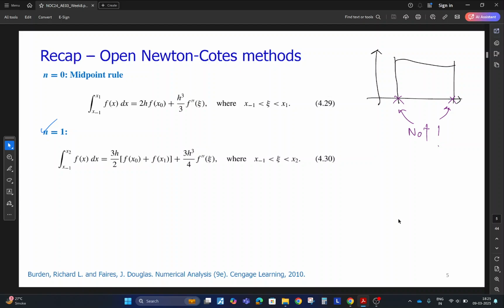Clearly, what we are doing here is we have moved the origin of our coordinate system to the midpoint of the interval, and we are denoting the left endpoint of the interval as x minus 1 and the right endpoint as x1, thereby denoting that the point x0, the midpoint, is placed symmetrically between the two endpoints.